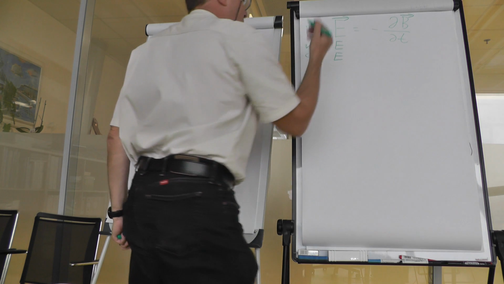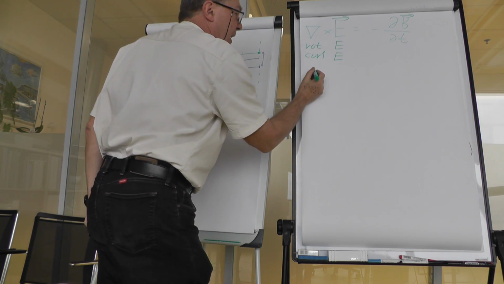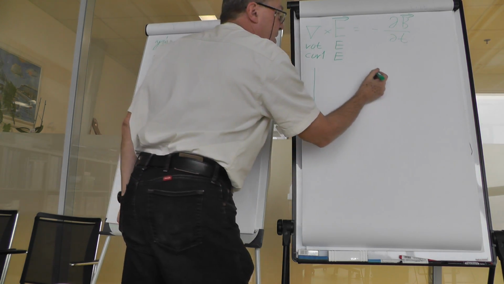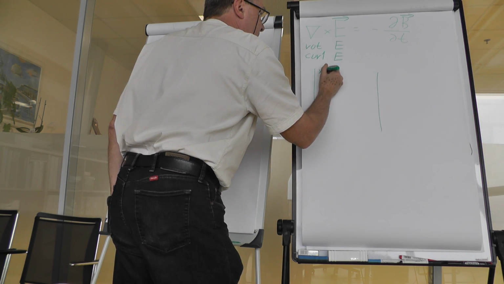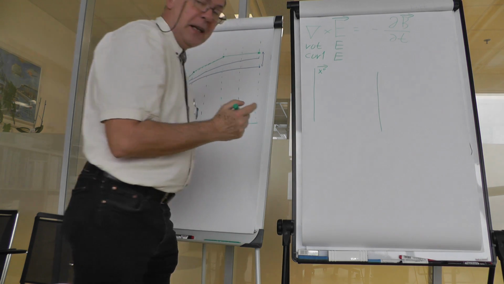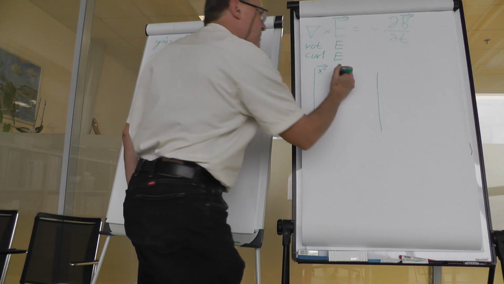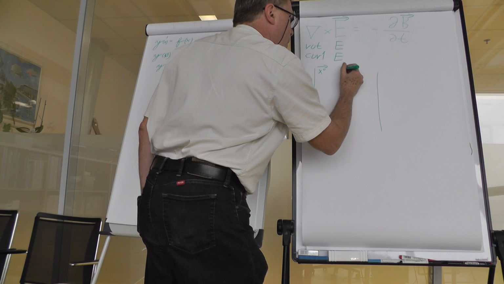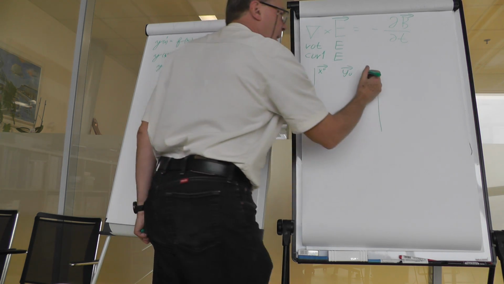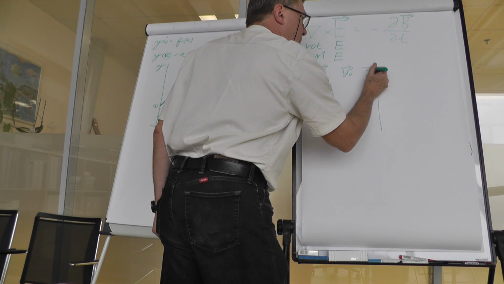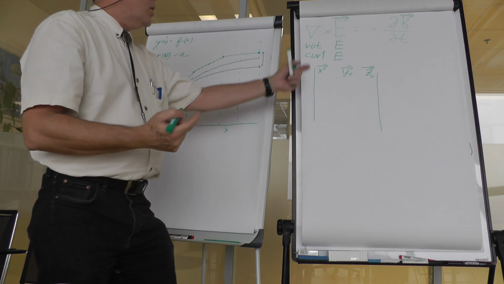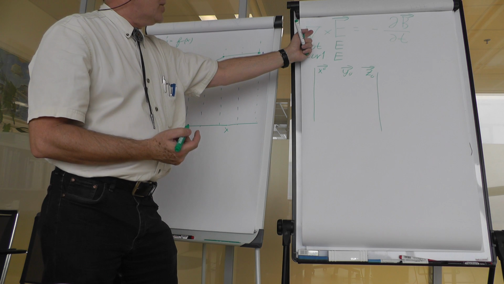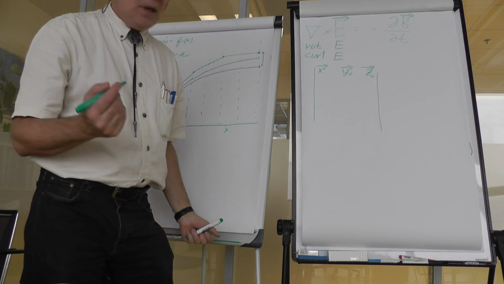So the nabla operator, the vector product here, could be described by x0, this unity vector in the direction of x, y0, the unity vector in direction of y, and z0, the unity vector in direction of z. Now, the second row would be those partial derivatives inside the nabla operator.